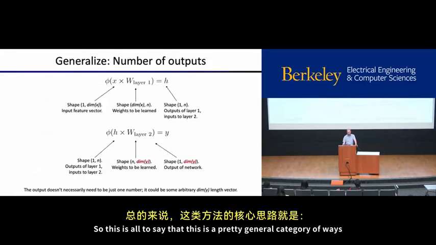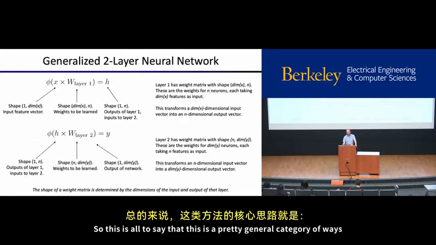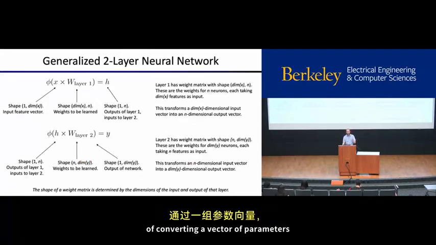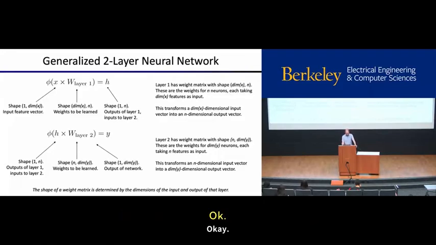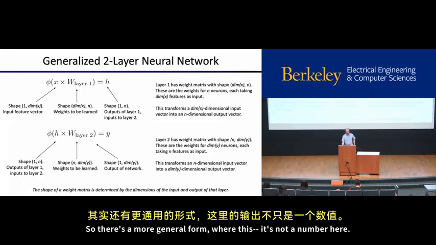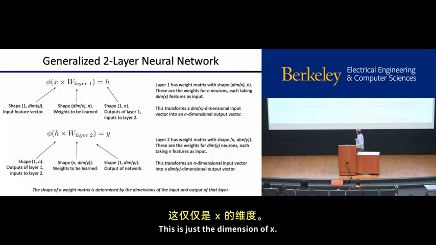So this is all to say that this is a pretty general category of ways of converting a vector of parameters into a prediction about, a probability distribution over outputs given inputs. Okay, so there's a more general form where this is just the dimension of x.